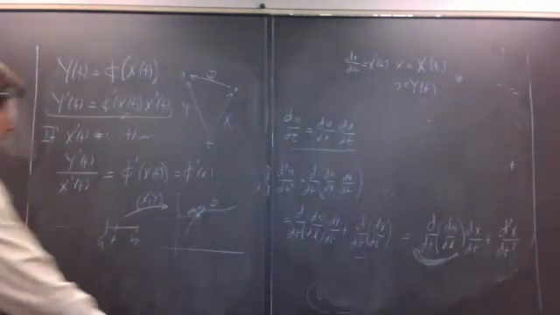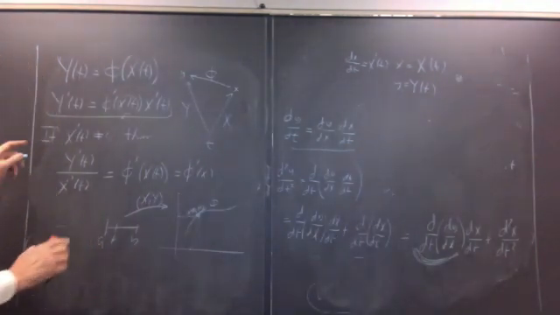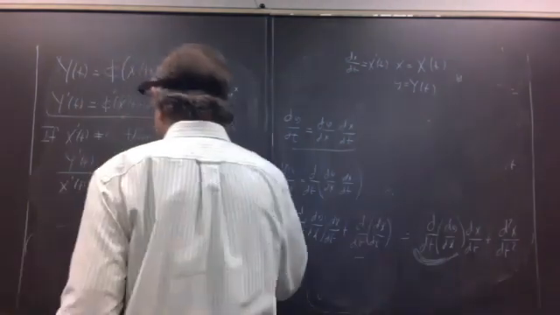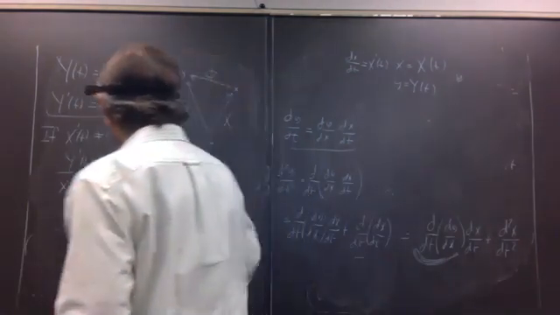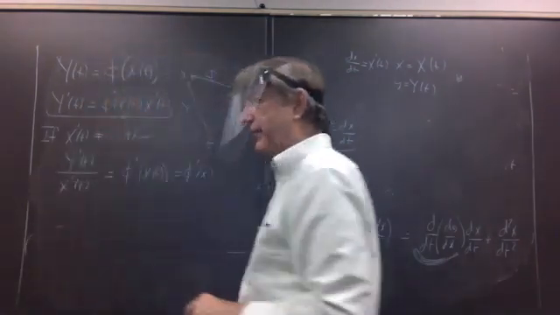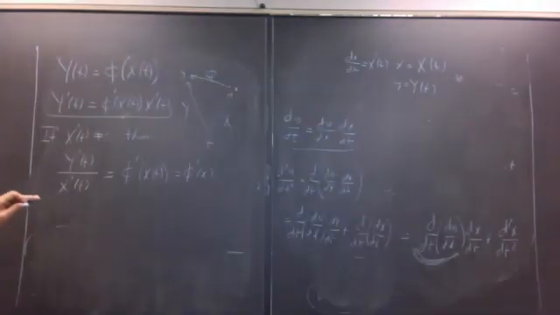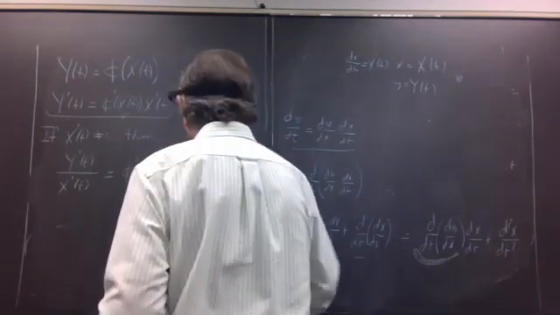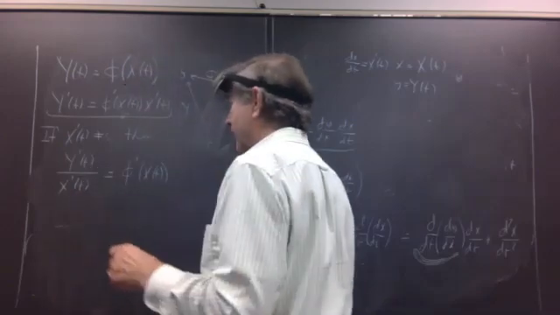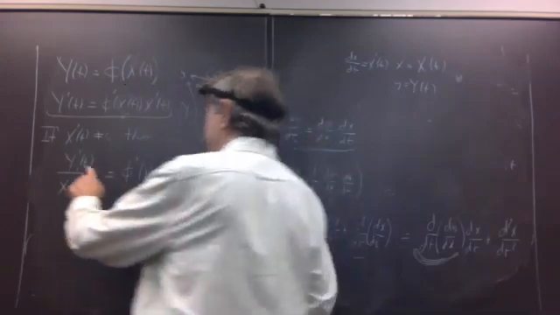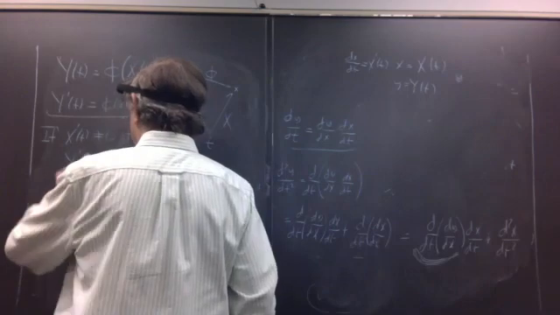Okay, so let me try to show you what happens if we do it this way. What I'm hoping you'll see here is all of this makes sense, but this part is kind of complicated.